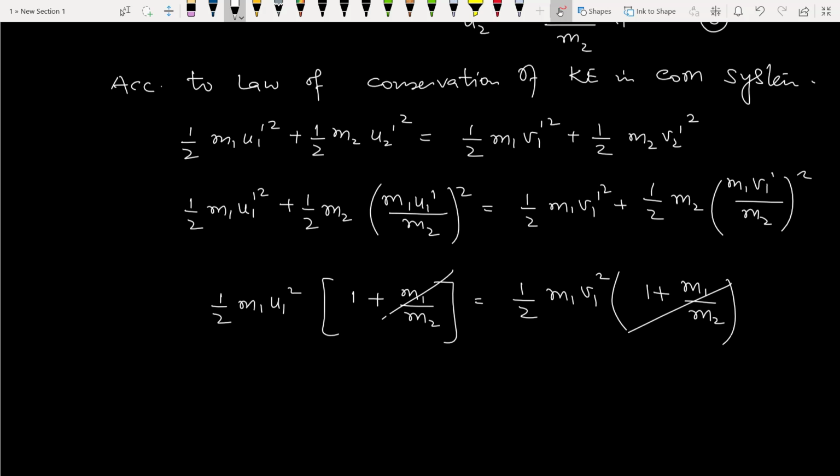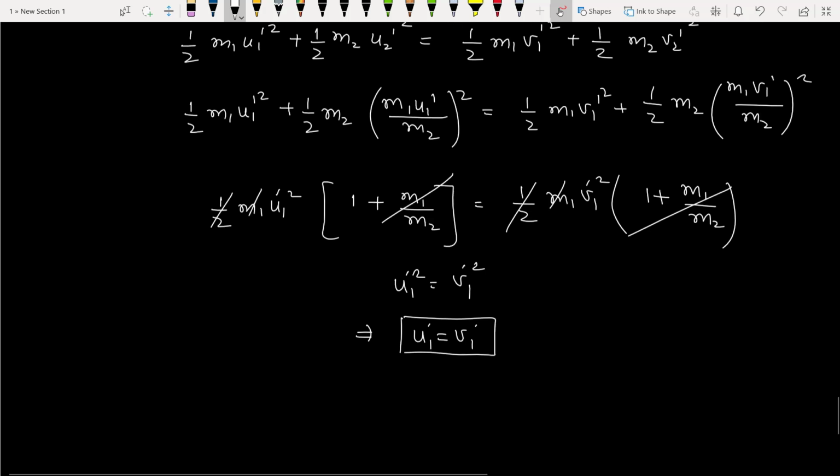This cancels out, half cancels out, m1 cancels out. Dashes are there because these are the velocities in center of mass frame of reference.